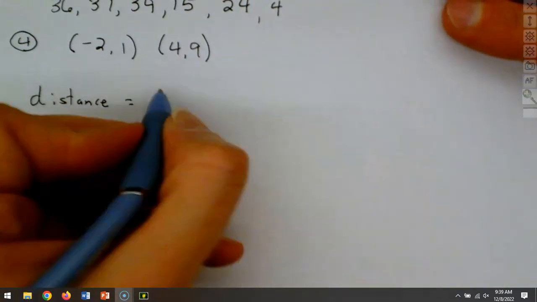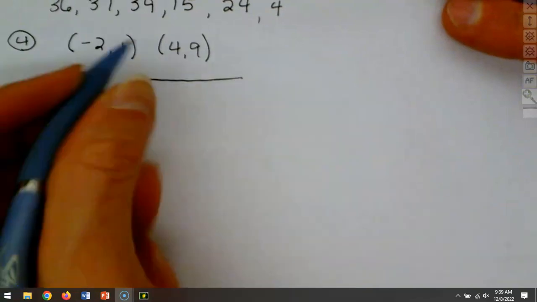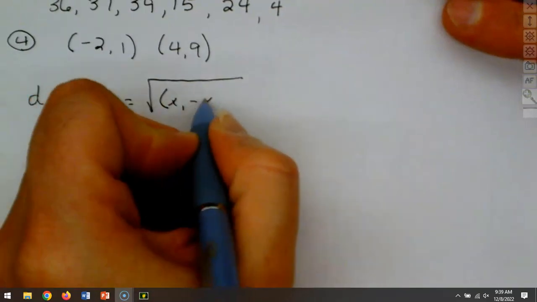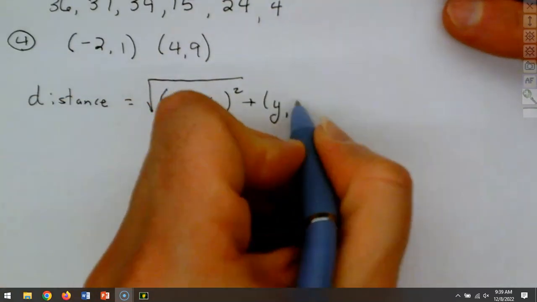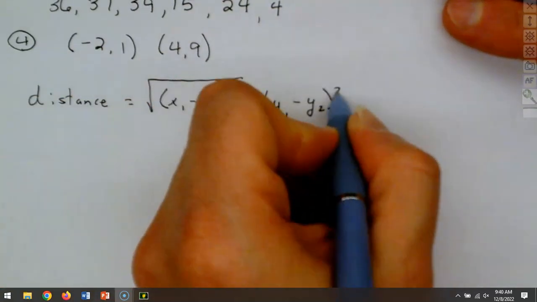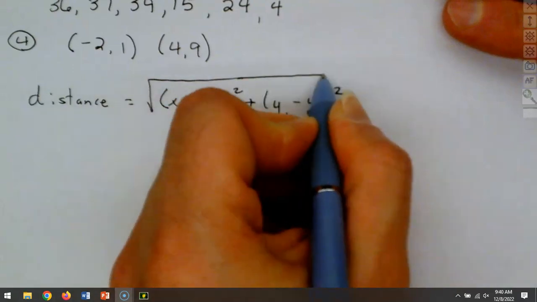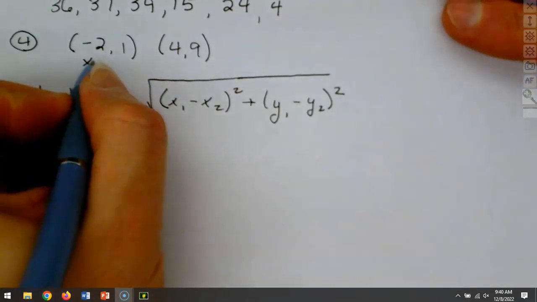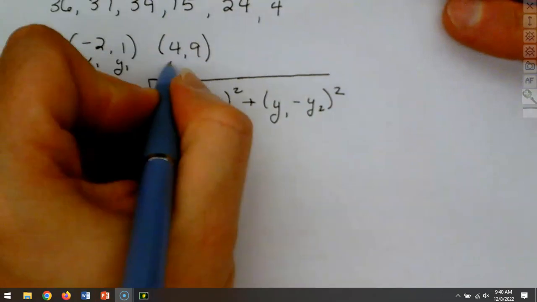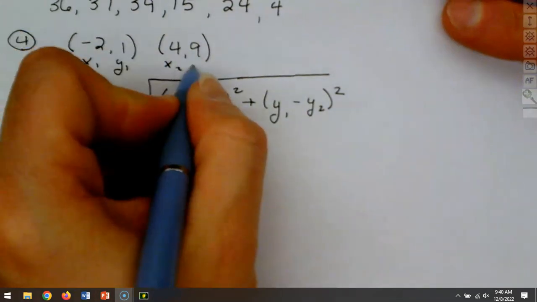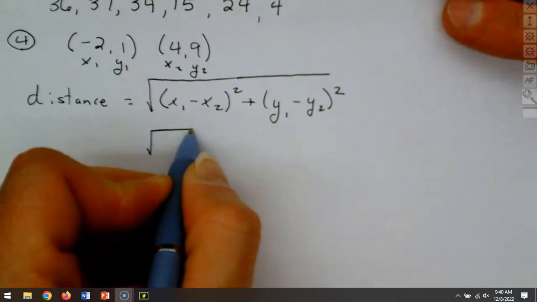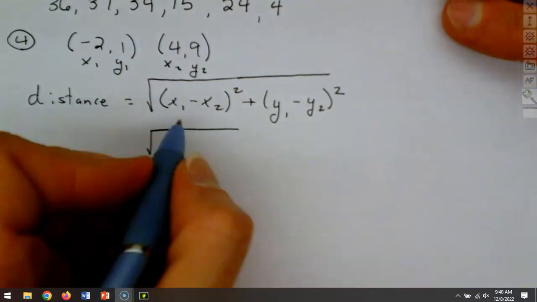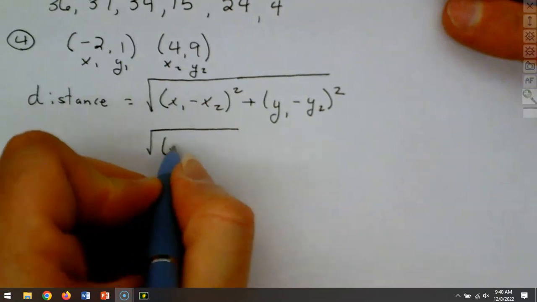So the distance equals the square root of x1 minus x2, quantity squared, plus y1 minus y2, quantity squared. This is x1, y1, and this is x2, y2. So we fill it in. I'm not going to work it out much past this, but I'll at least put the numbers in and show you what to do.